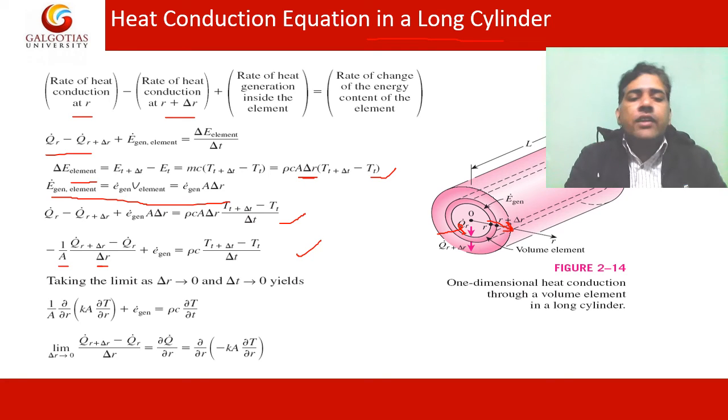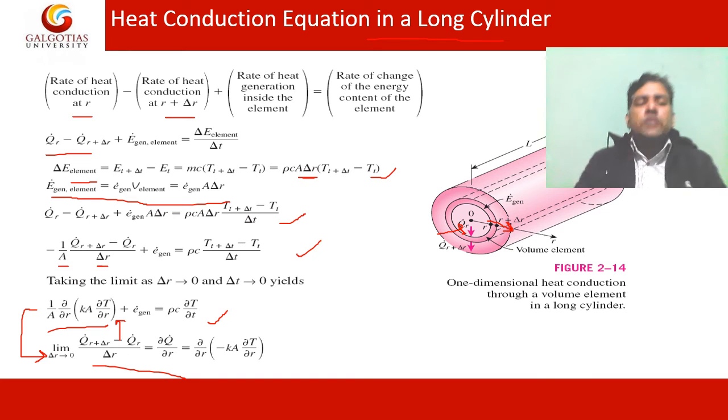Taking the limits as delta r and delta t tend to 0 will yield this equation, and this is how this part of the equation is obtained. First we take the limits, and then we get this part of the equation.